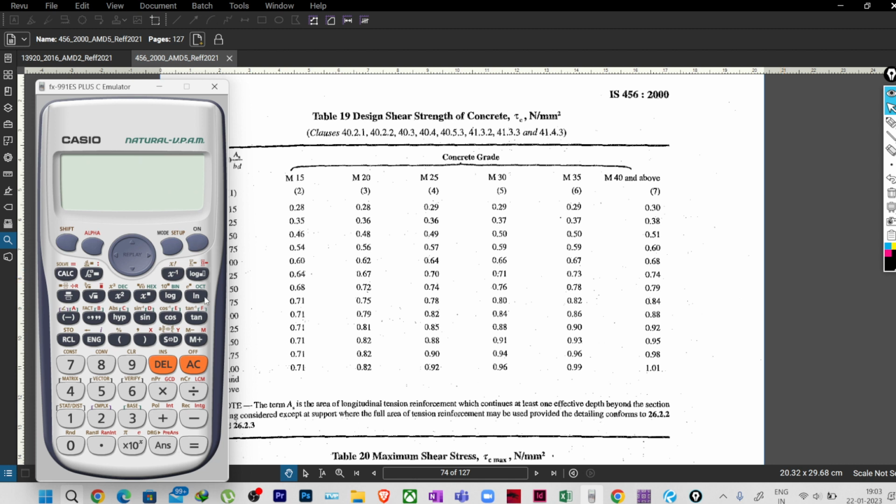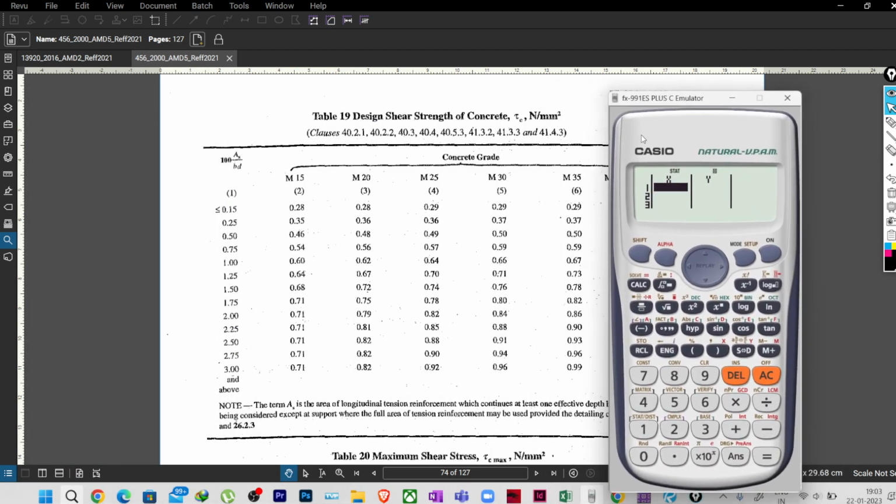So we'll be doing the linear interpolation here, right? I'll go to my stat. Okay, 2. Yeah, we'll do the linear interpolation for 0.15% or less, and our grade of concrete is M25. The design shear strength is 0.29 Newton per mm square. So I will write it here.